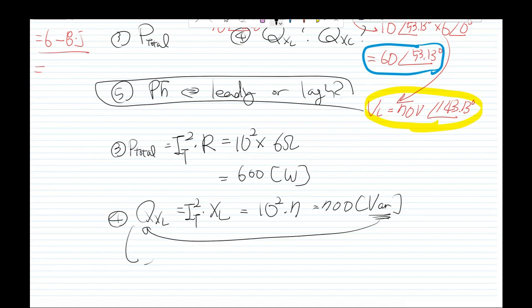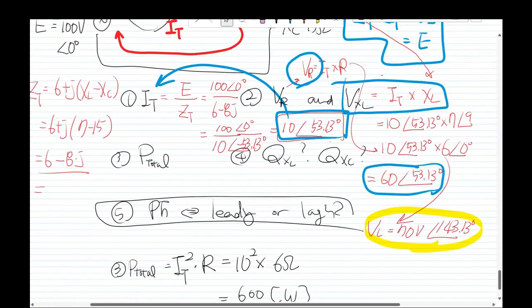So how about the Q sub X sub C? I sub T squared times the X sub C. I sub T squared and then the X sub C, go back to the circuit.